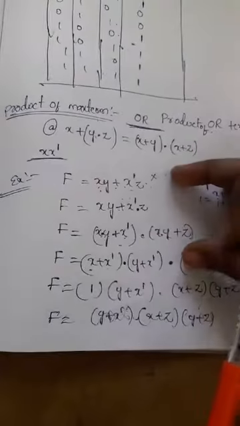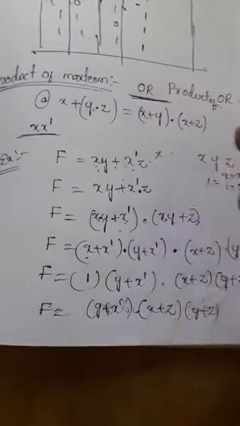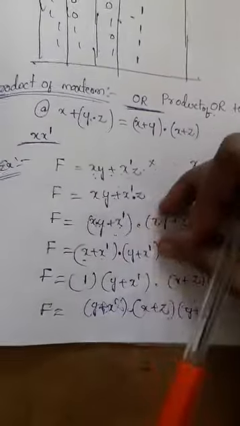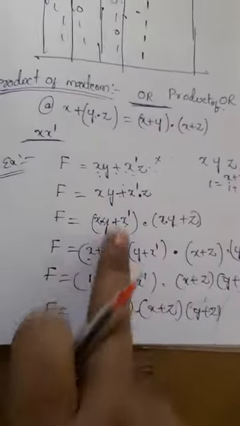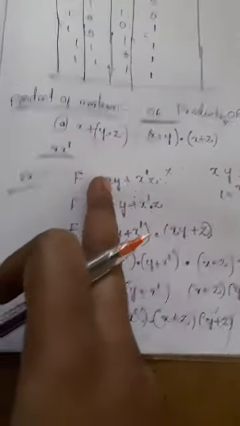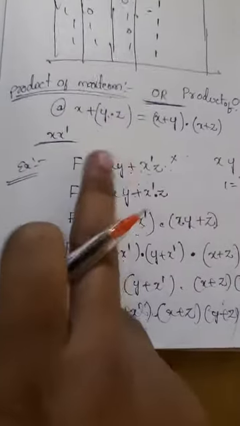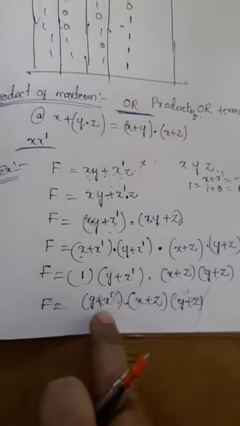So the conversion is completed by using the distributive law, as you already know from this description, using the rule here. From this we convert that equation into this form. Now check it: this is actually a sum of minterm equation, and I can directly convert it into product of or terms, product and or term.